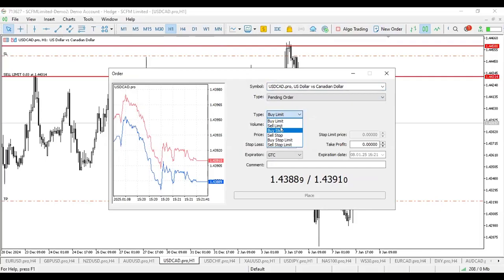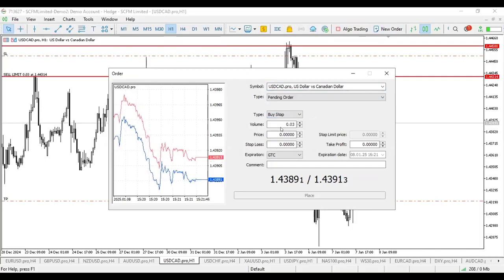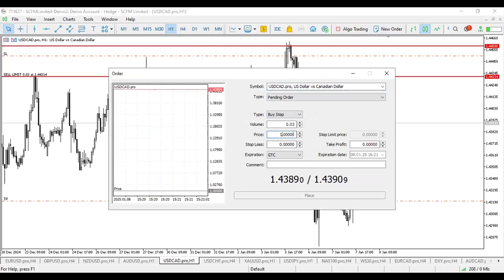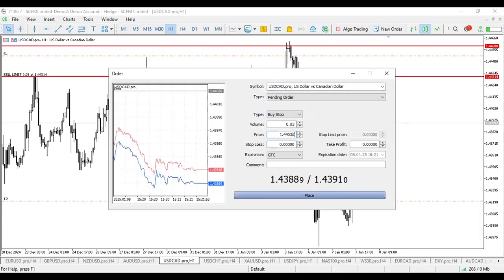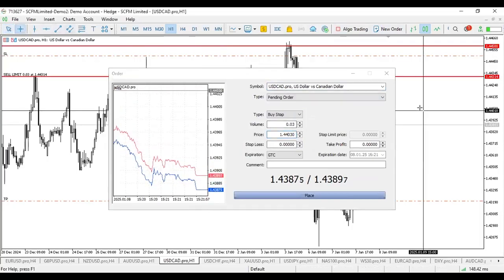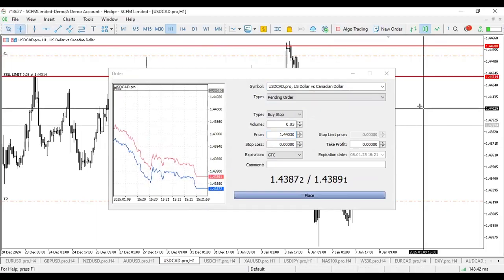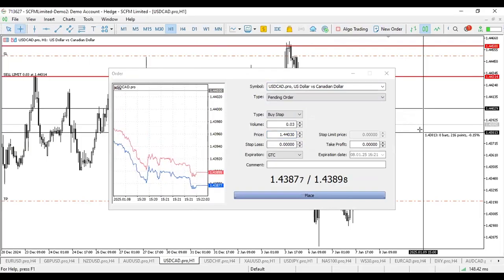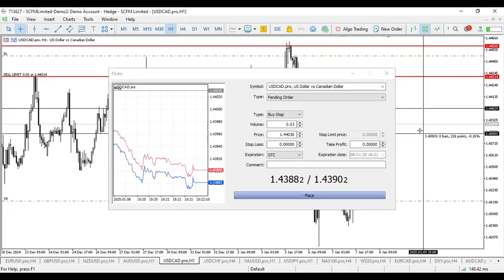We've covered the buy limit and sell limit. Now this is a buy stop. It will be above the current price. So 1.44030. Then if we do 1.44030, the stop loss below that is about 1.43800.